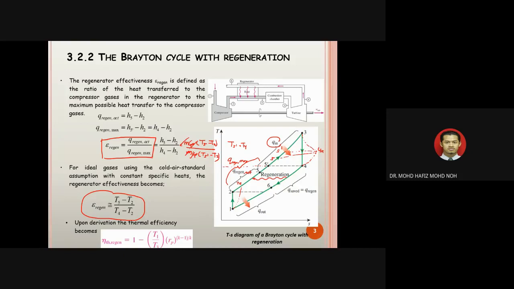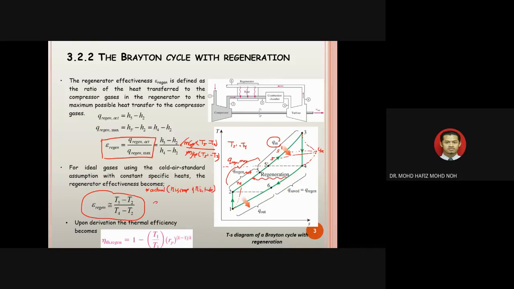When you have the actual cycle, you have the isentropic efficiency for the compressor as well as for the turbine.